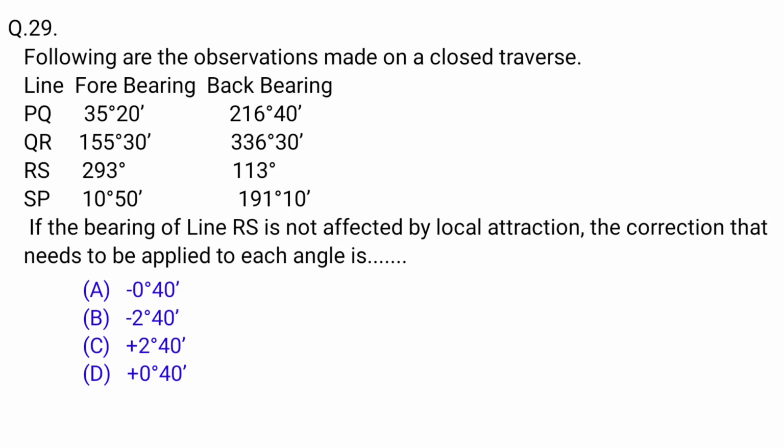If the bearing of line RS is not affected by local attraction, the correction that needs to be applied to each angle is, options A. minus 0 degree 40 minute, B. minus 2 degree 40 minute, C. 2 degree 40 minute, D. 0 degree 40 minute.